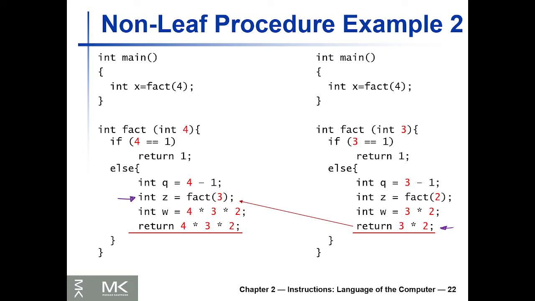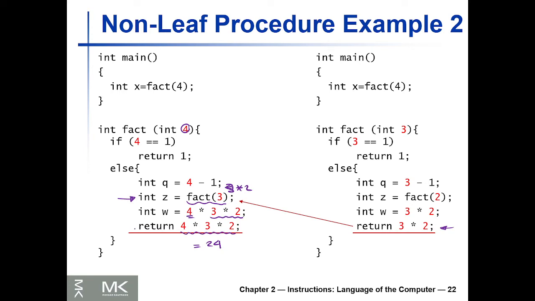Okay. So now fact of 3 is 3 multiplied by 2, which is basically 6. Now we can remove the z and put 3 multiplied by 2, and the n in that case is 4. Now we're gonna return 4 multiplied by 3 multiplied by 2, which is basically 24.